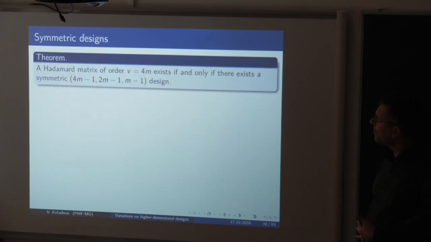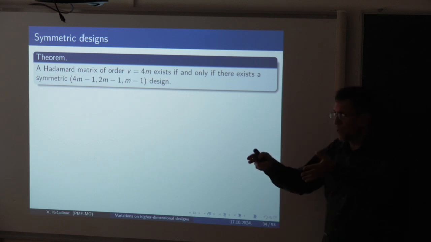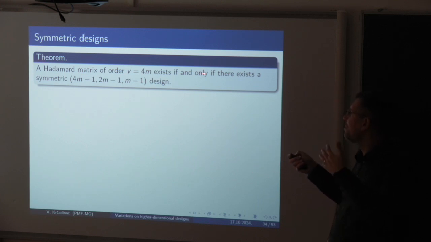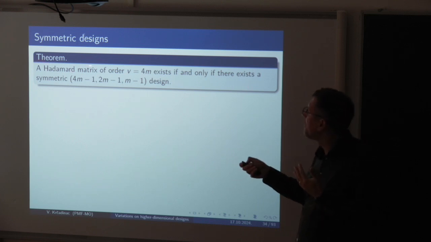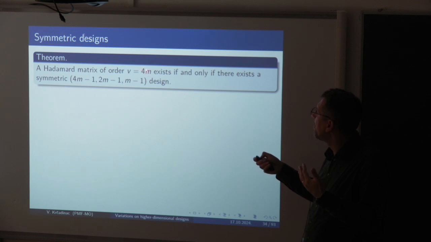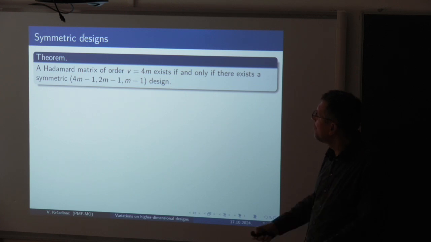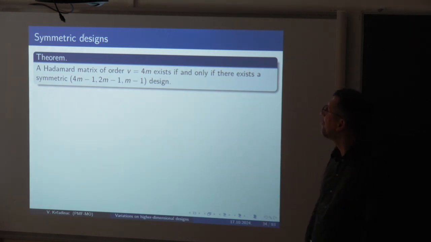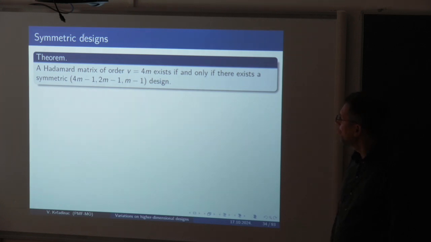The question whether a given triple of parameters exists or not is much more difficult than for Hadamard matrices, because the existence of Hadamard matrices is just a special case. From a Hadamard matrix of order 4m, you can build a symmetric design for these parameters. If you knew about symmetric designs, you would be able to answer the question for Hadamard matrices too.